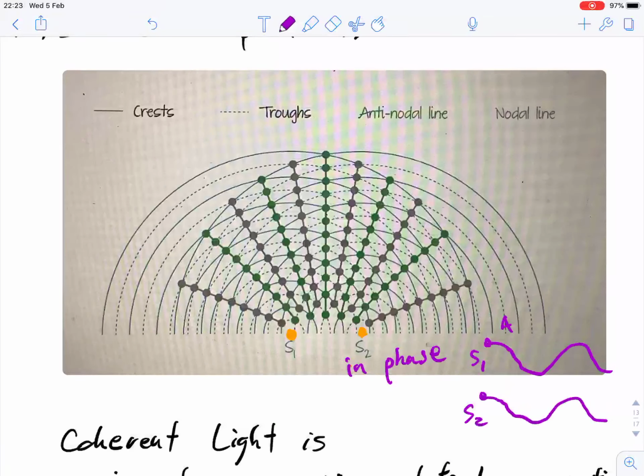What is out of phase? It would be if point number 2, let's say, started off in the middle, so here we have a cosine, and here we have a sine curve.